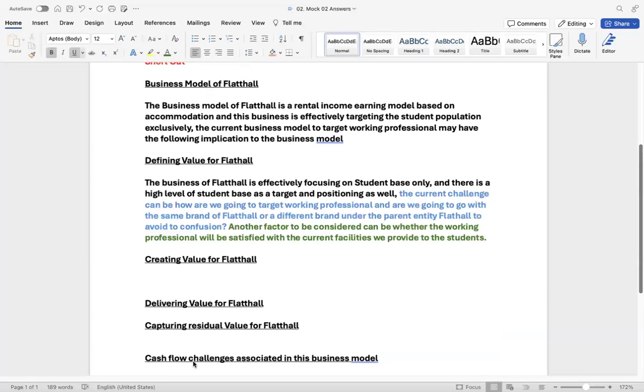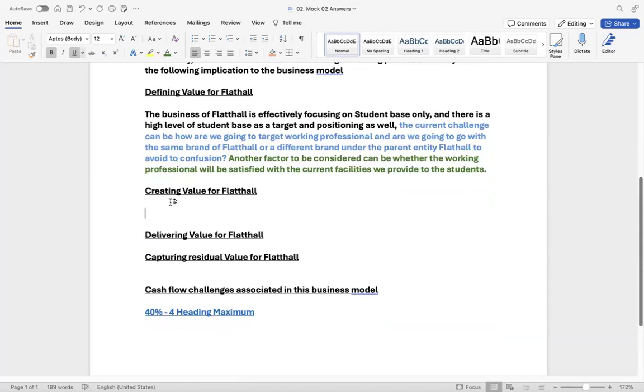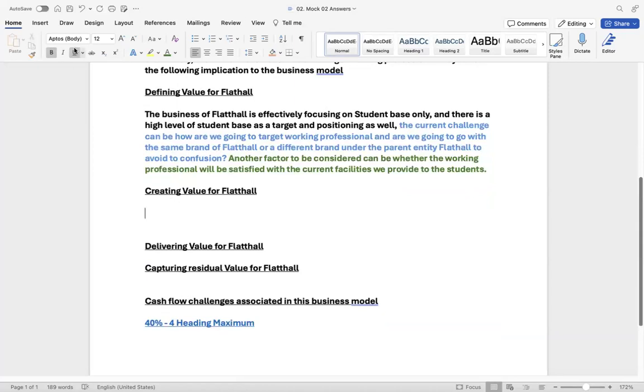This will change. Now, in this case study, the answer looks for a working professional. But on the exam day, there can be any other factors also. So, creating value for FlatHall. I'm going to consider the next one, creating value.